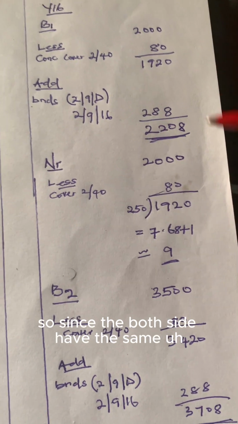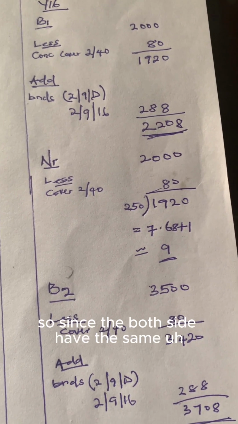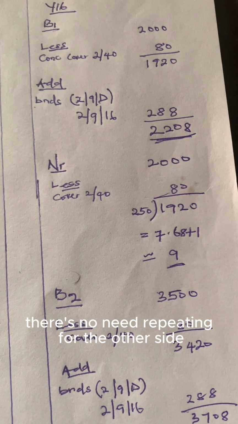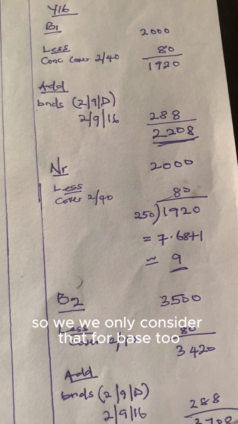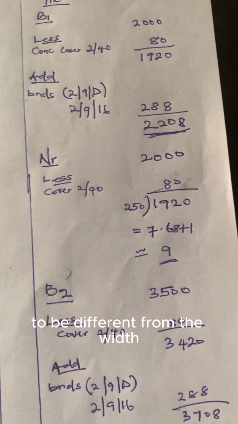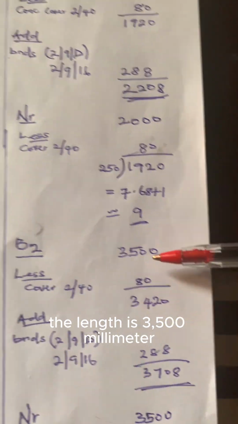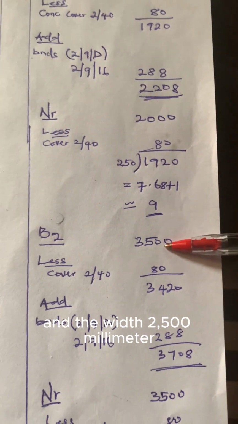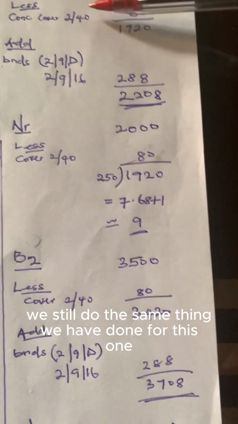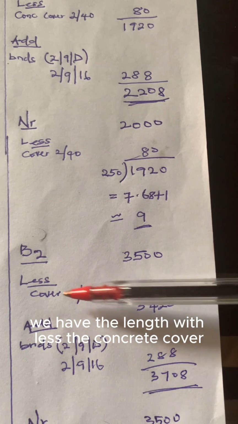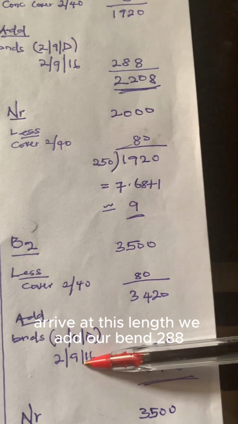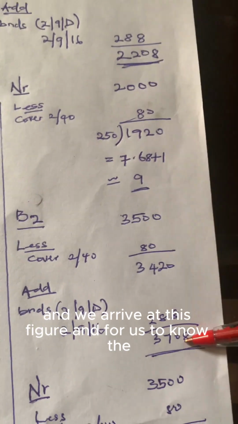Since both sides have the same dimension, there's no need repeating for the other side. So we only consider that for base 2, whereby we have the length to be different from the width. The length is 3500 millimeter and the width 2500 millimeter. So we still do the same thing we have done for base 1. We have the length, we deduct the concrete cover, arrive at this length, we add our bend 288, and we arrive at this figure.